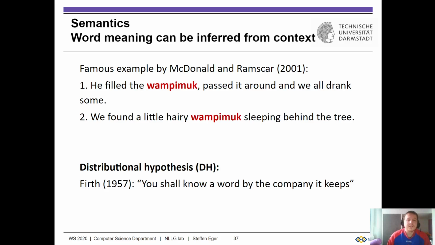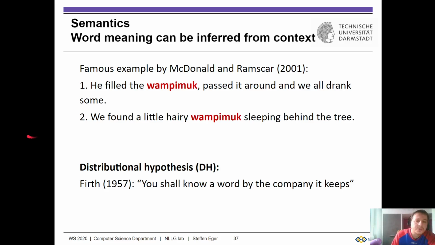And this means that the context really informs us about the meaning of words, as we can also illustrate using those two example sentences. The first one being, "He filled the wampumuk, passed it around, and we all drank some." So let's say you enter a new language community.